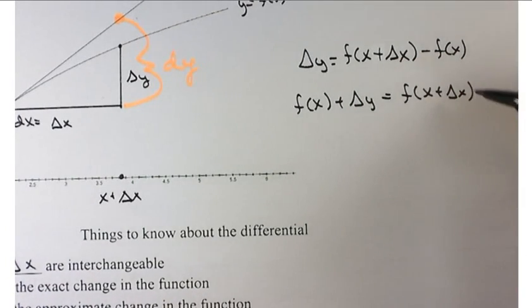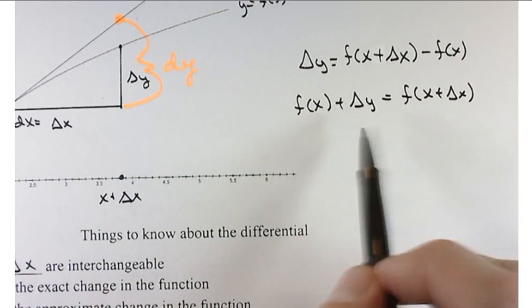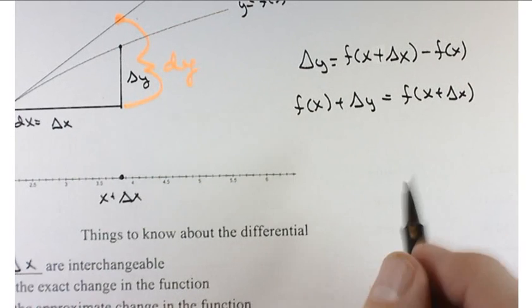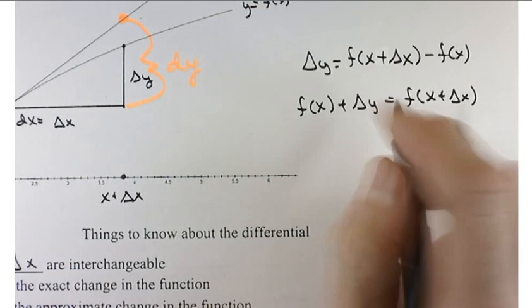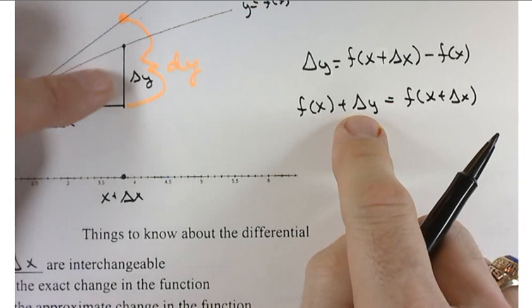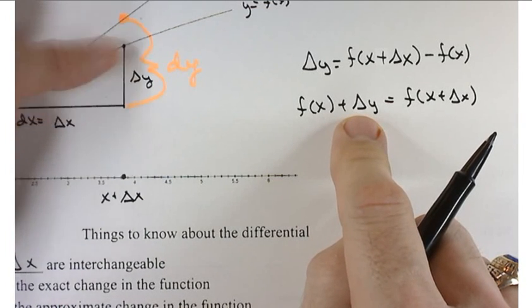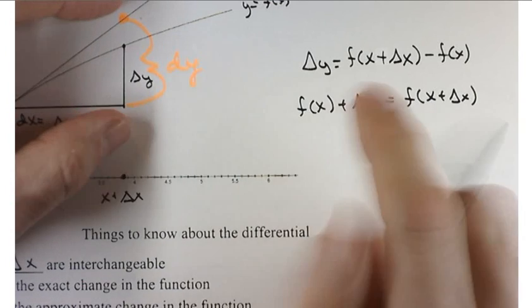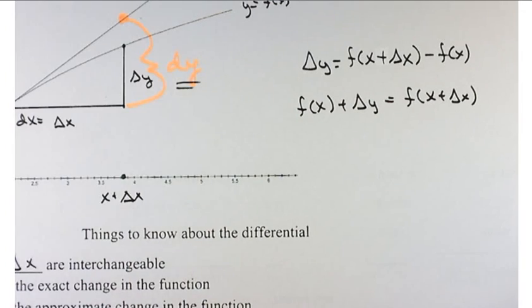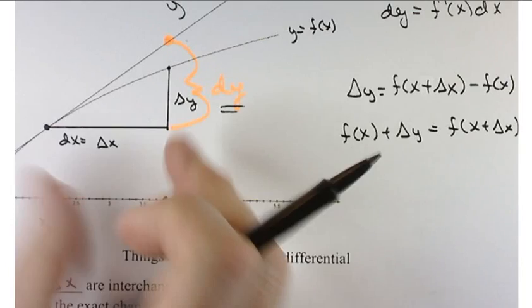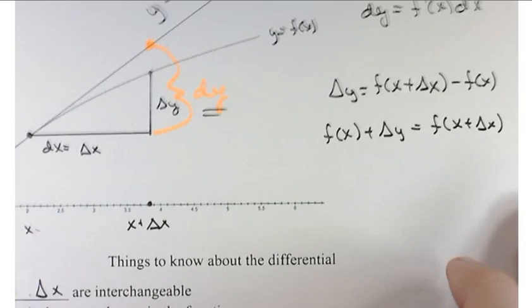Now this is still an exact relationship. All I did is I moved one term to the other side. Not a big deal. But what I can do now is realize that delta y, which is an exact expression, can be approximated by dy. dy is pretty close to delta y, as long as this distance here isn't too big.